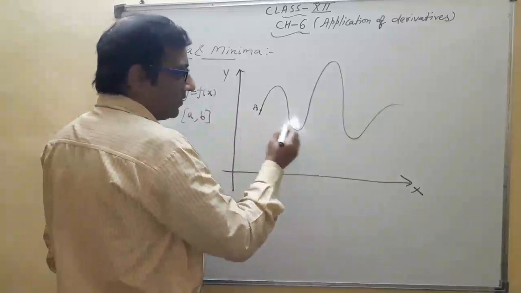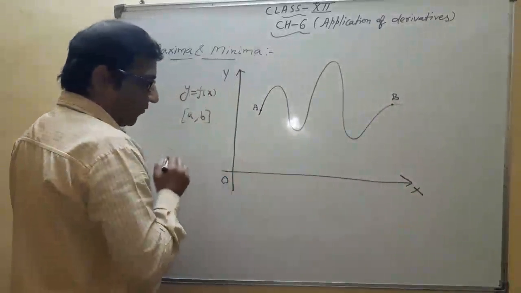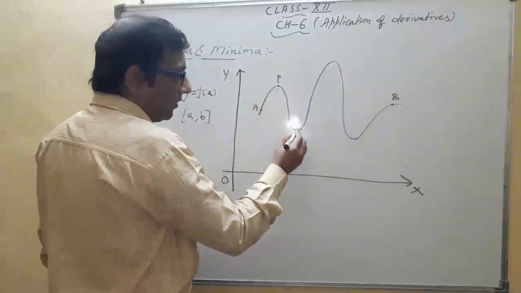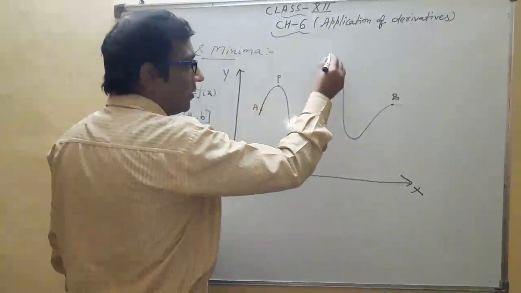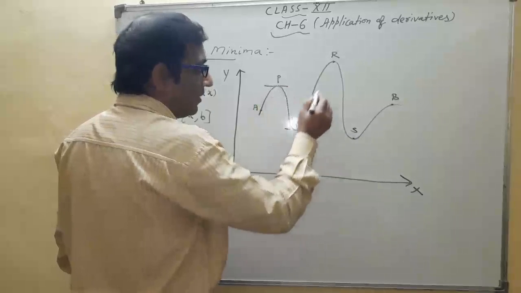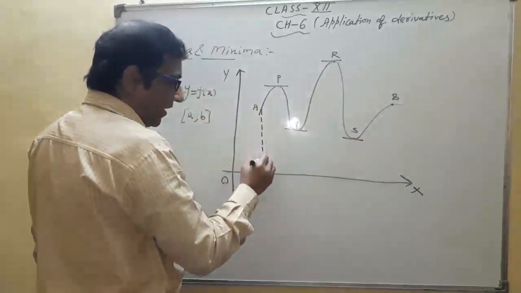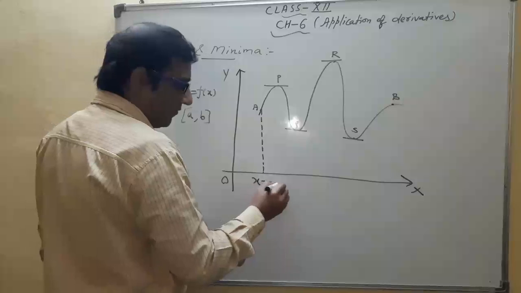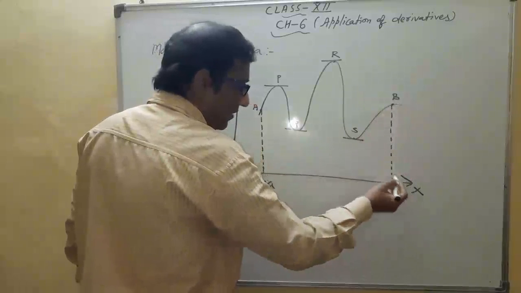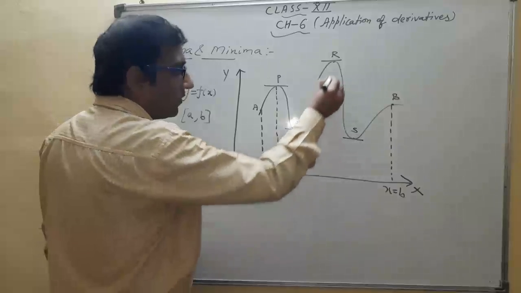This is the point a, this is the point b, and the x and y axes intersect at point O. Then we can mark point P, point Q, point R, and point S. These are the tangents at these points, and we will join these points with the x axis. This is x equals a, and this one is x equals b. We will join these points with the x axis in such a way.